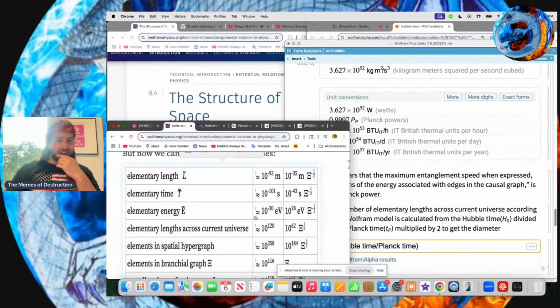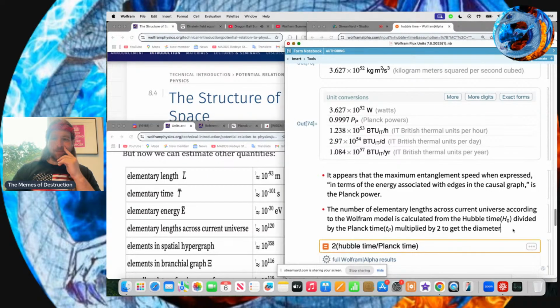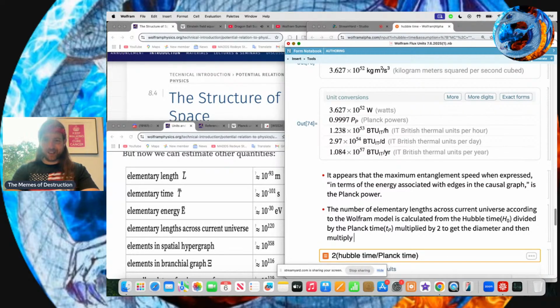Diameter times the square root of big psi. And then multiply.